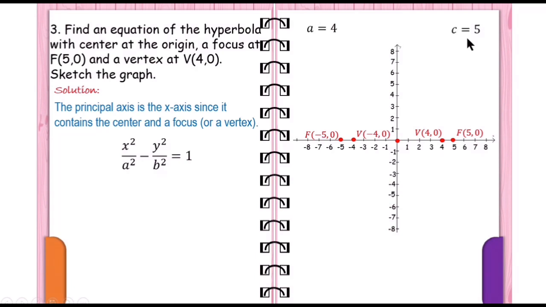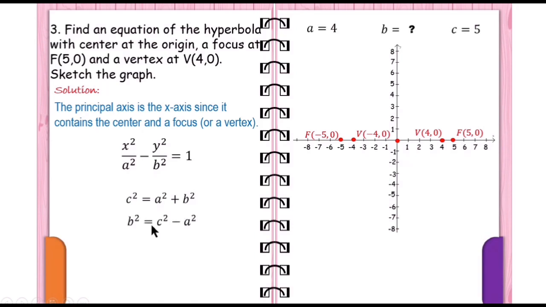We need to solve for b. If c squared is equal to a squared plus b squared, we can derive the formula to solve for b. On the right side, we have b squared, and on the left side, we copy c squared. We subtract a squared from both sides of the equation. That is why we have here minus a squared. Or we transpose a squared to the left side, thus from positive a squared to negative a squared.